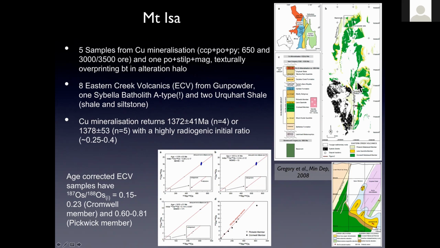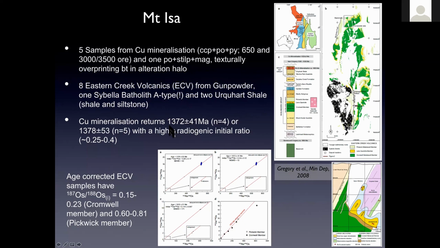There's a cross-section here, geological map across, and compared also with some whole rock osmium analyses from the Eastern Creek volcanics, one of the potential sources of copper within the mineralized zone. And we even, crazily enough, tried to analyze the Sabella granite and a couple of the host Urquhart shale sediments as well, to try and see if we could fingerprint potential sources of osmium that ended up in the ore body.